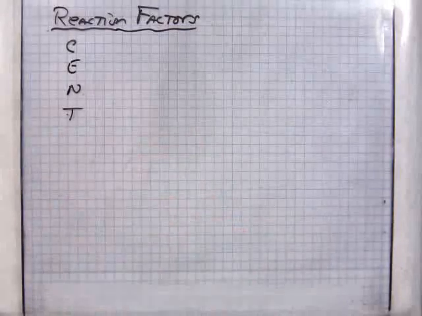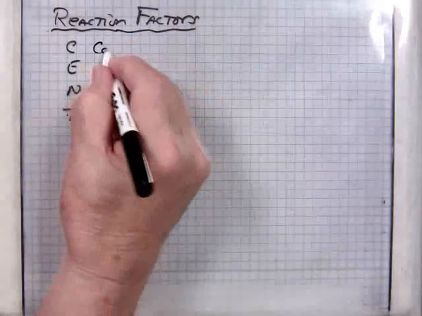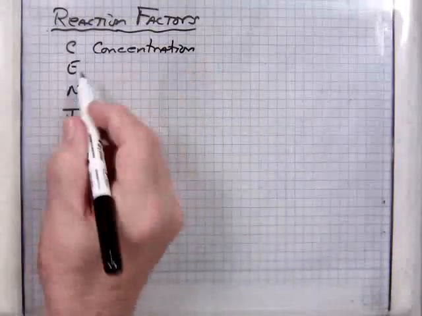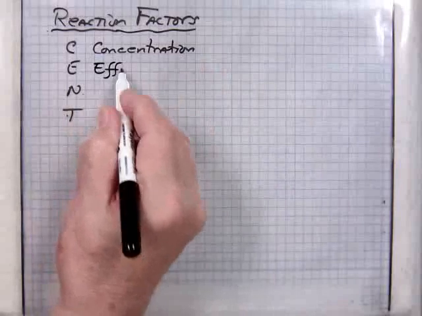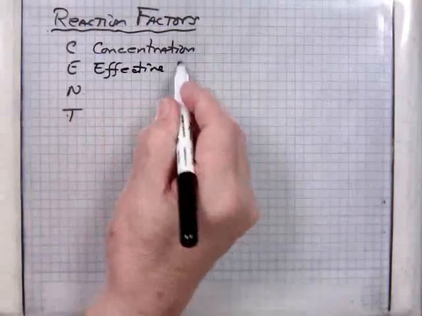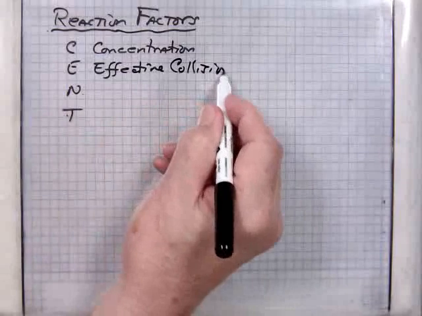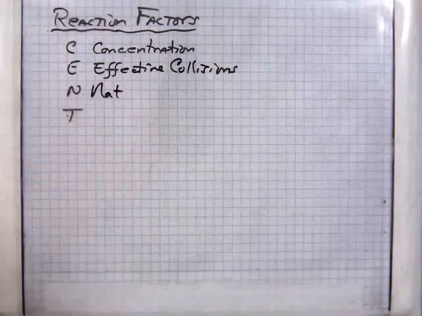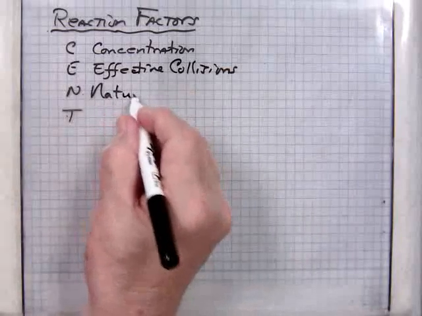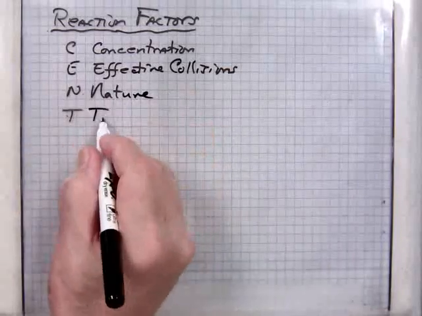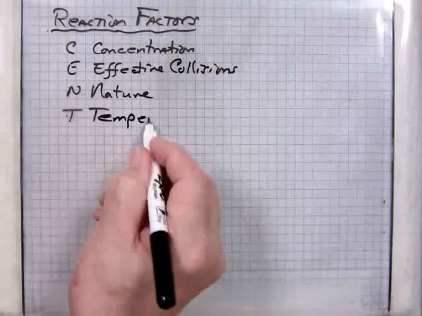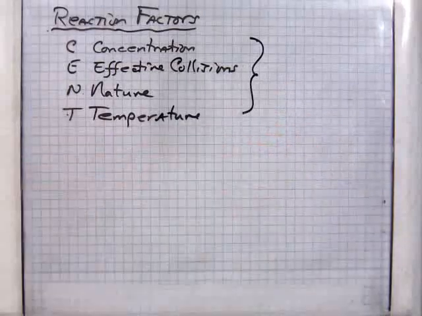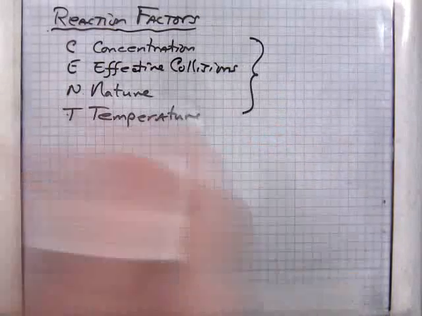Help you remember. Well, concentration, again, but E stands for effective collisions. And then N, nature, which means naturally reacting reagents, and the proper activation temperature. These four factors must come together simultaneously to produce products.